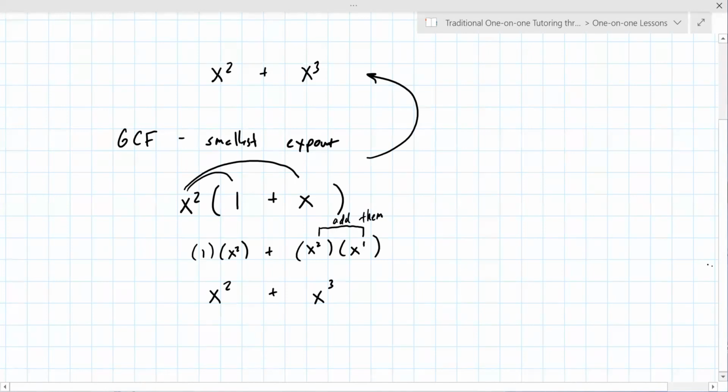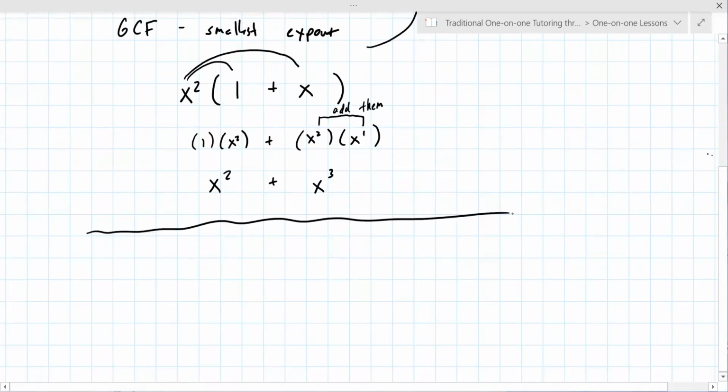Let's try another one here. Let's say I give you x to the 4th plus x squared. Whenever you just have x to a power, the GCF is x to the smaller exponent.